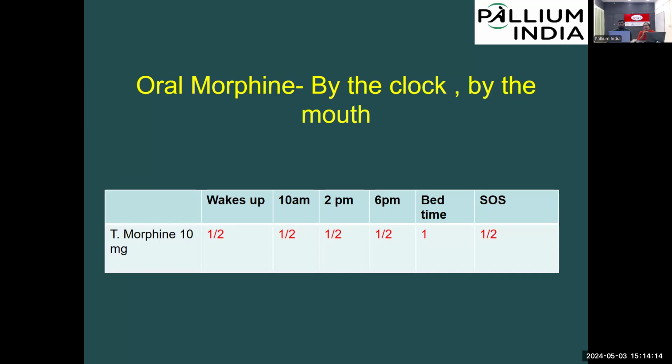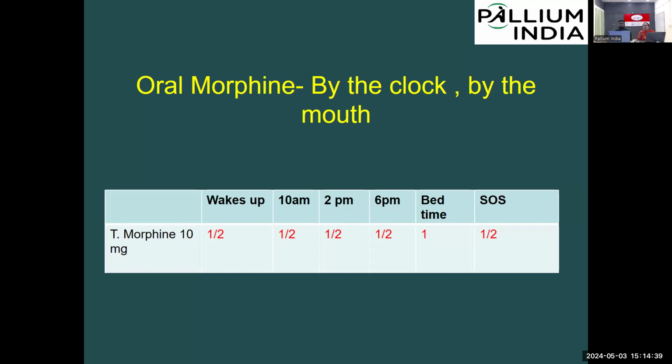By the mouth: if it is possible, give the patient medications orally. And what does by the clock mean? At the correct frequency. Morphine is a drug that has to be given every 4 hourly, so the patient needs to be given the medication every 4 hourly. What does by the ladder mean? As per the WHO analgesic ladder.